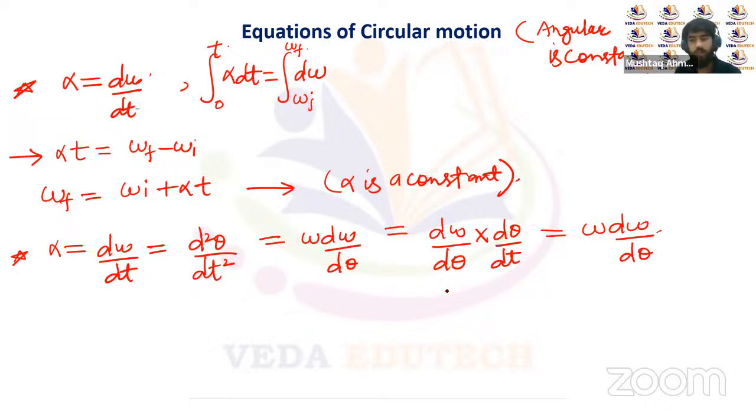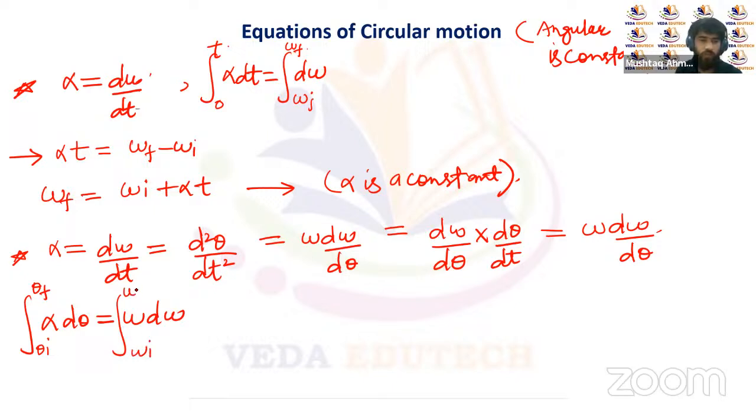So let's integrate this equation on both sides with respect to theta. That's alpha d theta equal to omega d omega. Now integrating on both sides, suppose initially the angular position was theta I, the final angular position is theta final, the initial angular velocity is omega I, and the final angular velocity is omega final.